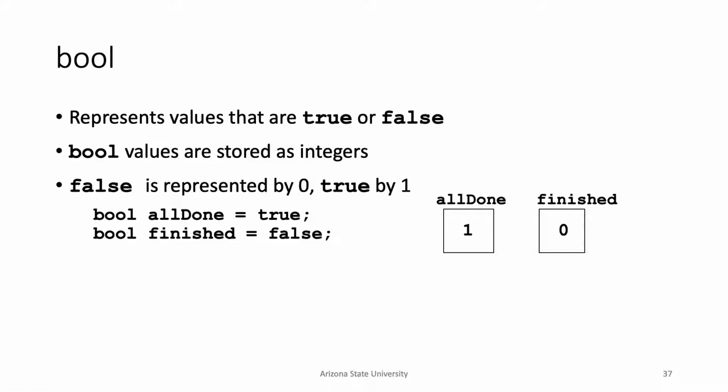So why is this so important? We're going to get to this starting in the next chapter, where we can say, if some condition is true, which will evaluate to a bool value, then I want to execute this code. If this condition is not true, I won't execute this code. So by using bools, we can actually get conditional code execution.